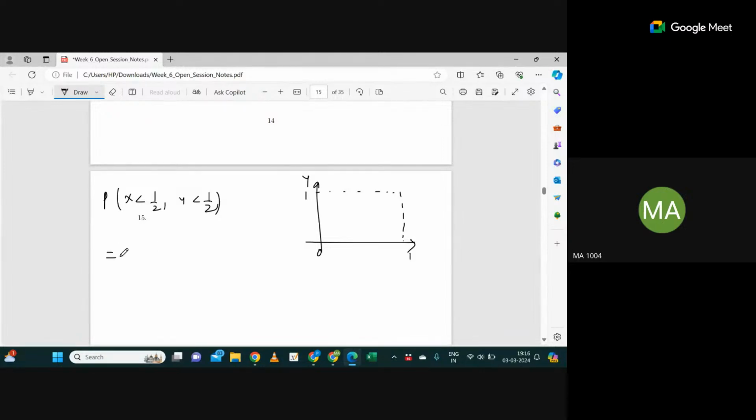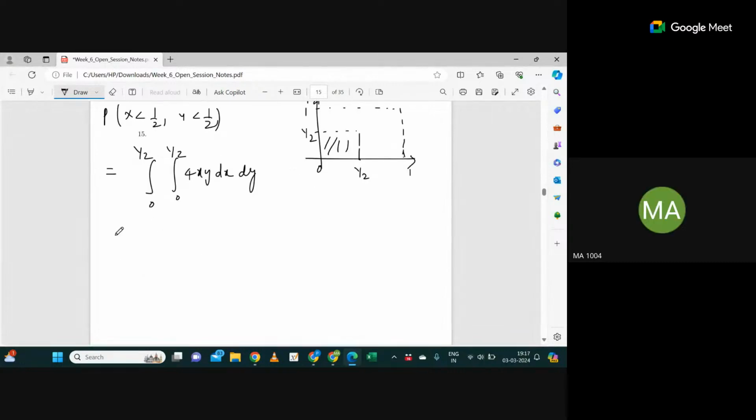The support of x is till half, so take the x-axis till half and the y-axis till half, right? That means I have to integrate 0 to half of 4xy dx and 0 to half dy. Yes or no?